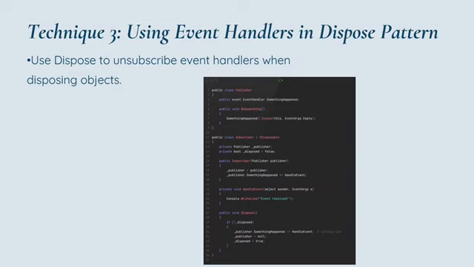And here in this example, the subscriber class implements IDisposable, meaning it can clean up resources before being garbage collected. Let's talk about how it works. When the subscriber is disposed, the Dispose method unsubscribes from, for example, SomethingHappened. And this ensures that the publisher no longer holds a reference to the subscriber.